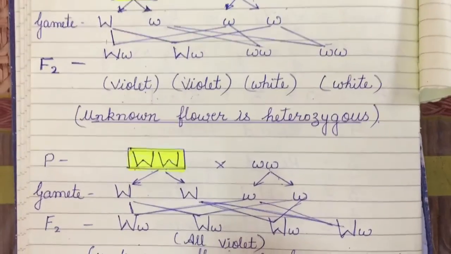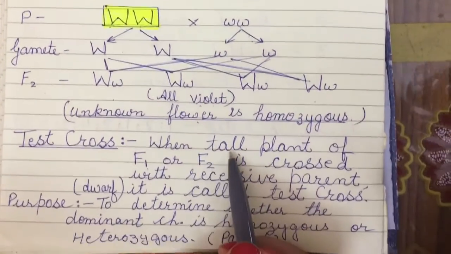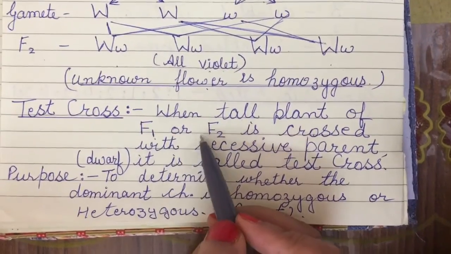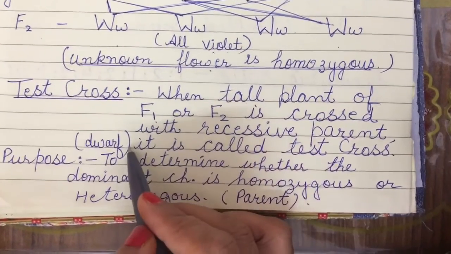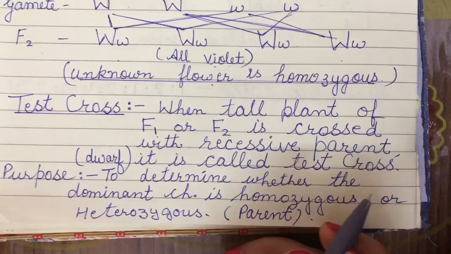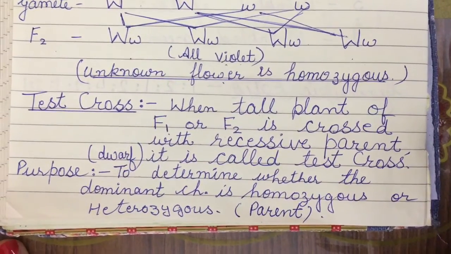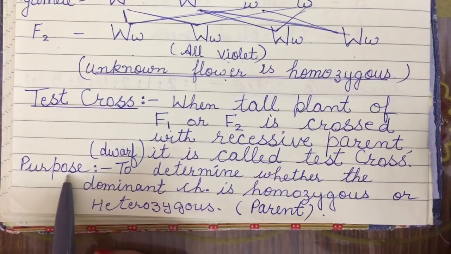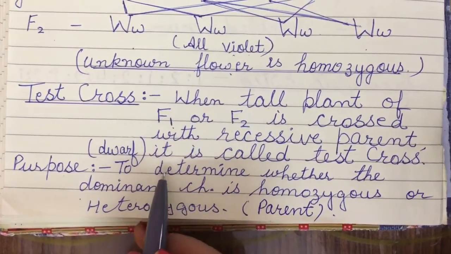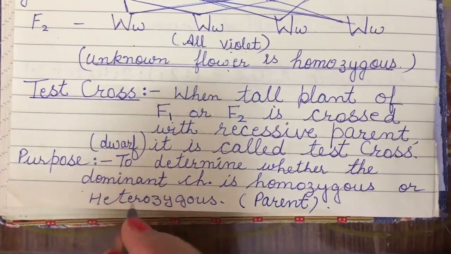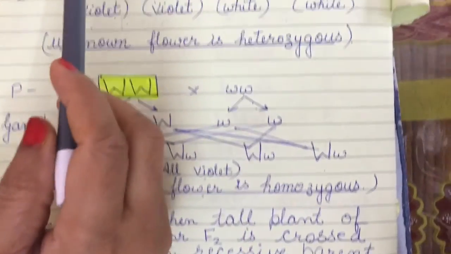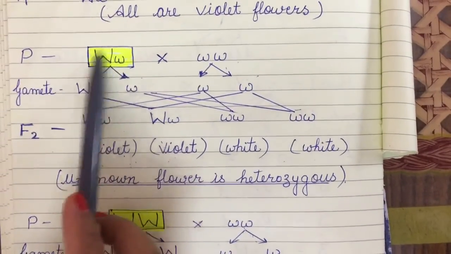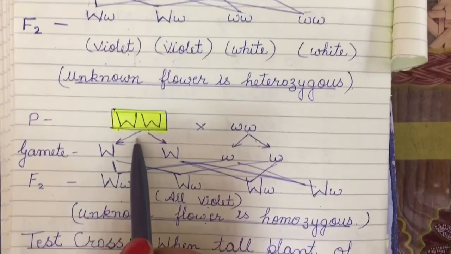So test cross is when a tall plant of F1 or F2 is crossed with the recessive parent, that is a dwarf plant. Its purpose is to determine whether the dominant character is homozygous or heterozygous. So test cross is used to determine whether the individual is heterozygous or homozygous.